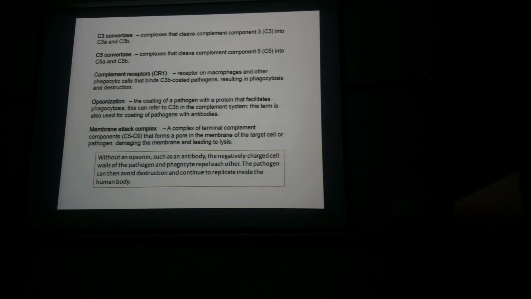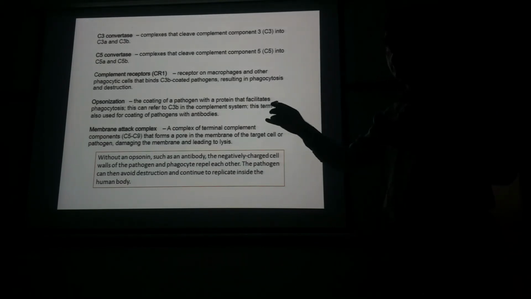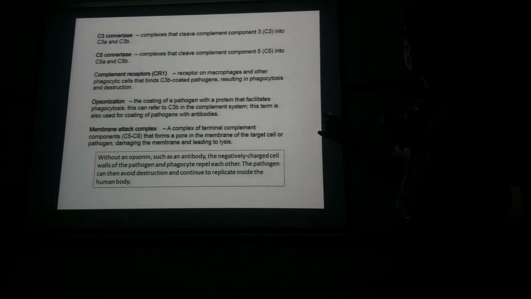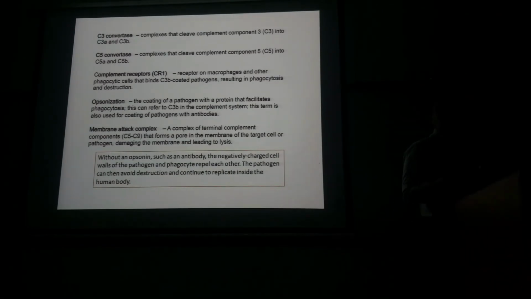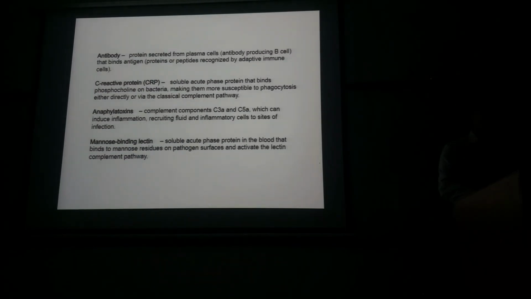So if there is no opsonin, such as an antibody marking, the cells... antibodies are used to mark cells, and complements are also used to mark cells. In that case, the negatively charged cell walls of the pathogen and phagocyte repel each other, and the pathogen can avoid destruction and continue replication inside the cell, thus doing damage to the cell. So that's why it is important.